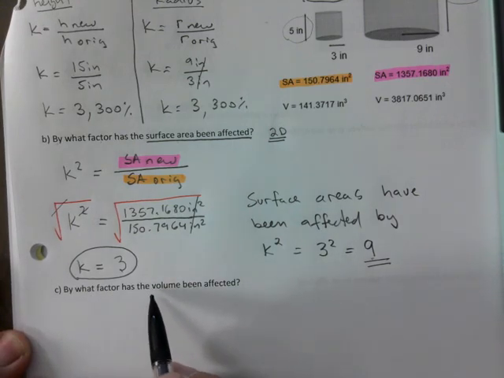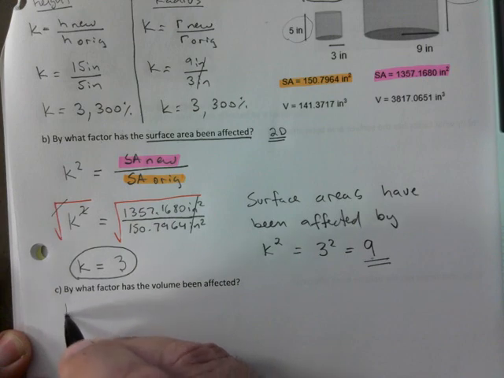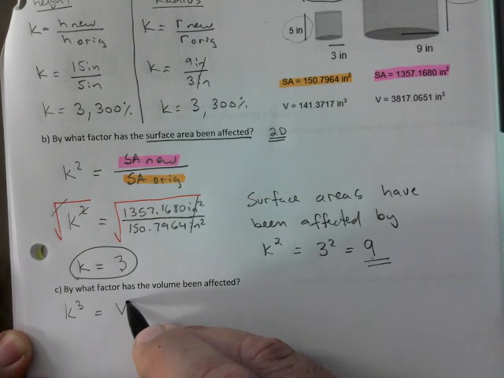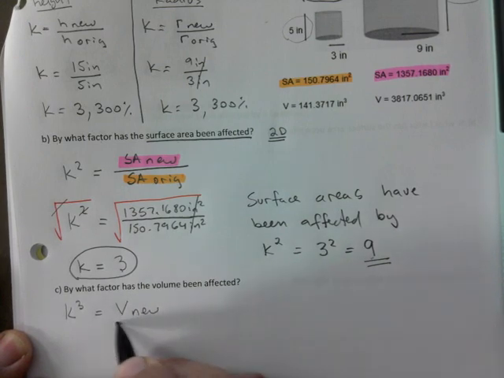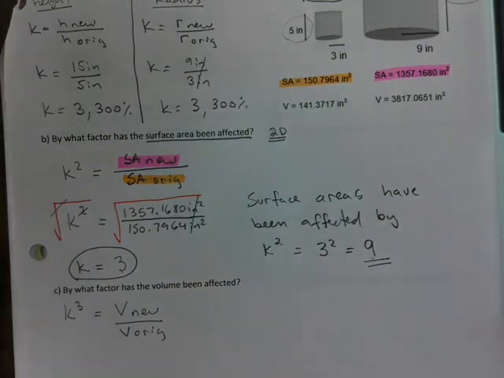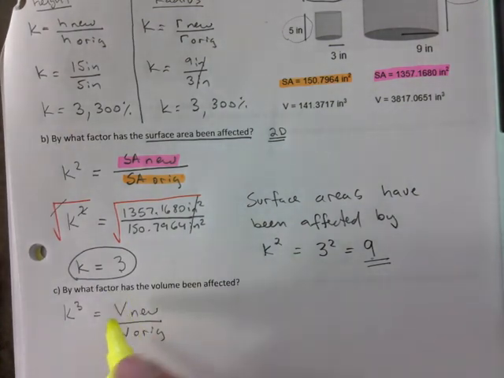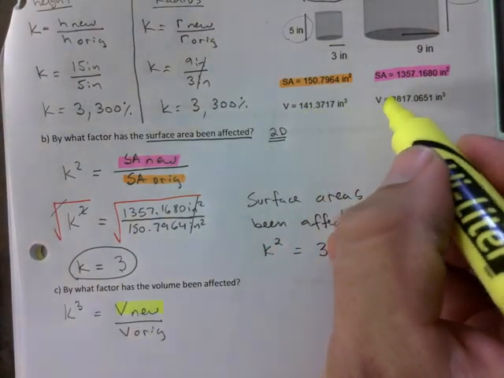By what factor has the volume been affected? So since it's volume, we're going to use k cubed. So you go volume of new over volume of original. And I'm running out of highlighters. I have green and I'm going to use this one here maybe, right? So the new is right there.